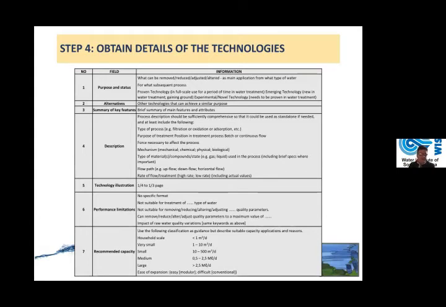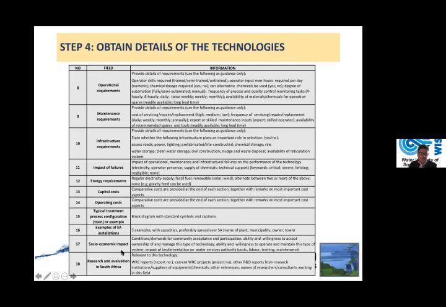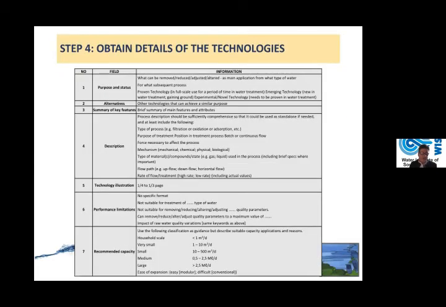Summary of key features. It describes the process, as well as a flow diagram of the technology. It can give you any limitations on the performance. Do they only work for large plants, only for small plants, or any type of plant? Recommended capacity.